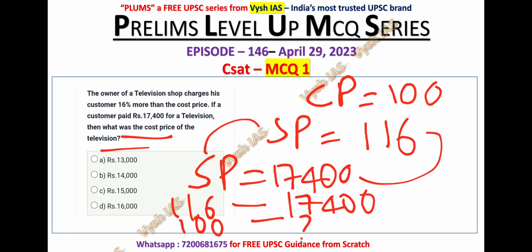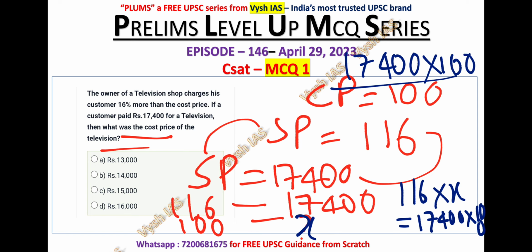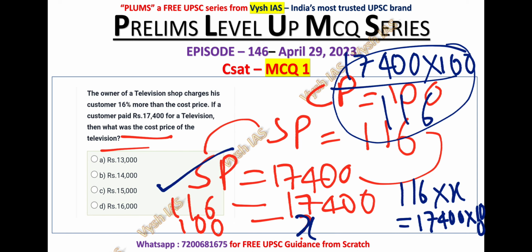If you take this value as x, 116 into x is equal to 17,400 into 100. It is nothing but 17,400 into 100 by 116. If you solve this equation, you will get 15,000. So 15,000 is the answer for question number 1, that is option C.